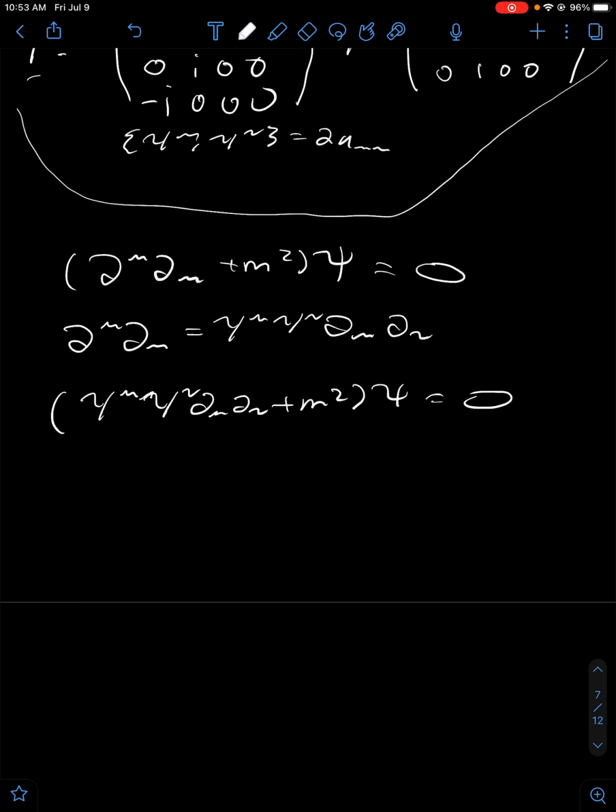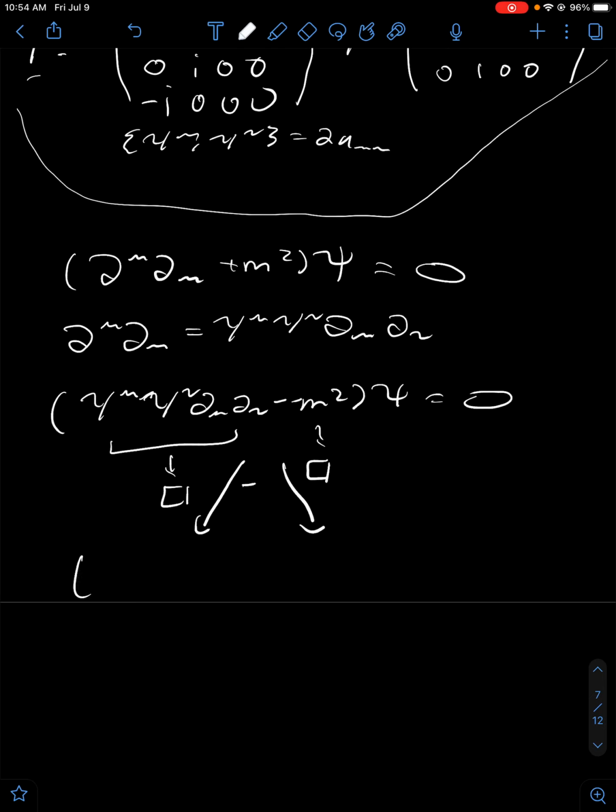Now what's next? Well, we have two squares here, right? This is a square, and this is a square because it's gamma mu partial mu squared. So you can treat this plus sign as minus negative m squared, since minus a negative is a positive. Then we can treat it as a difference of two squares, which we know from Algebra 1 we can factor into two terms.